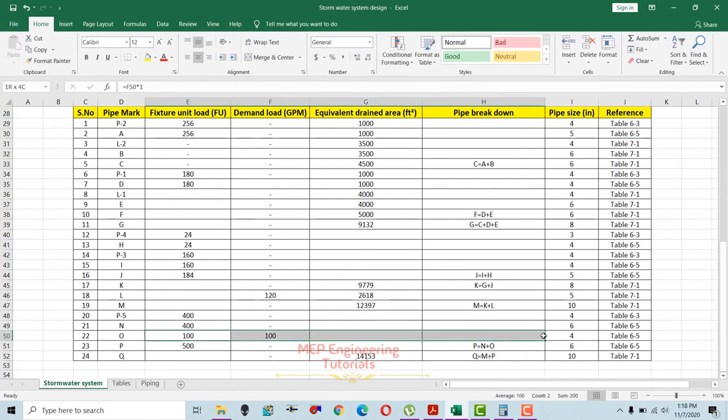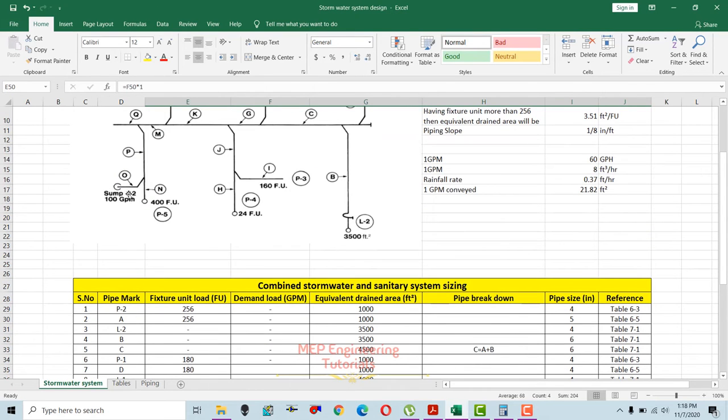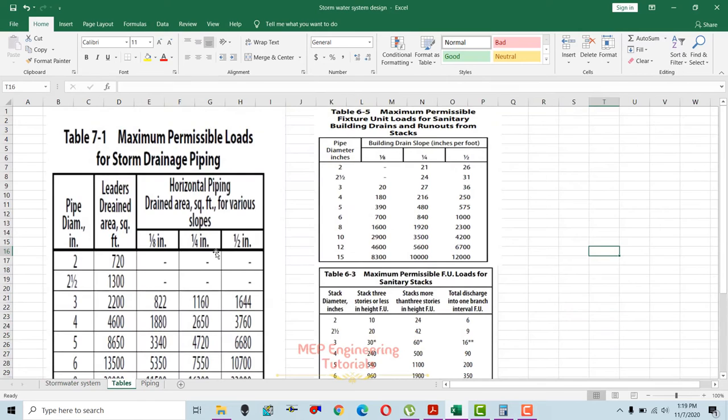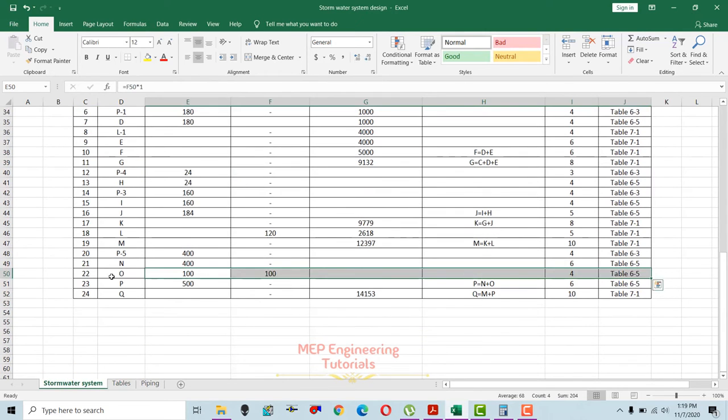So we have used 100 fixture units. And again, this is the runout from sump number 2. So for the runouts, we have to use this table having 1/8 inch per foot slope, and 100 fixture units is between 20 and 180. So we'll go for the higher value, 180, and the pipe size is 4 inches. So we have used a pipe size of 4 inches here.